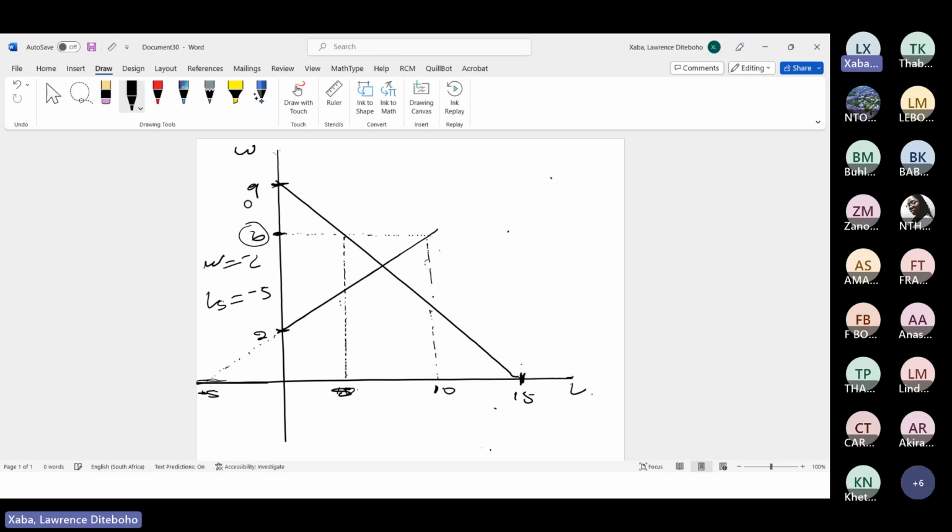This is the calculated 10. So that's our Cartesian plane, whereby now we have the price of 6. Then we are done. Questions?